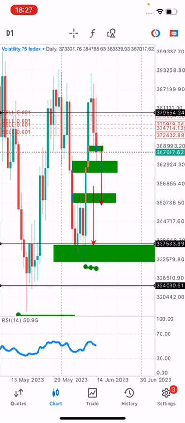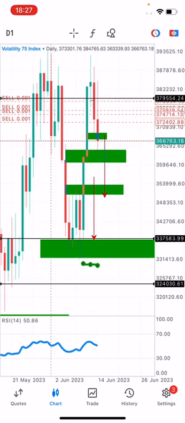So let's look at it on the daily time frame. On the daily time frame, you can even see it very nicely.